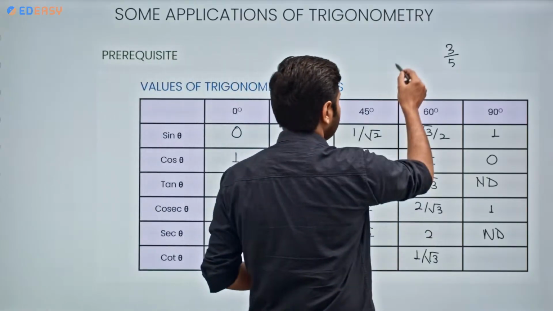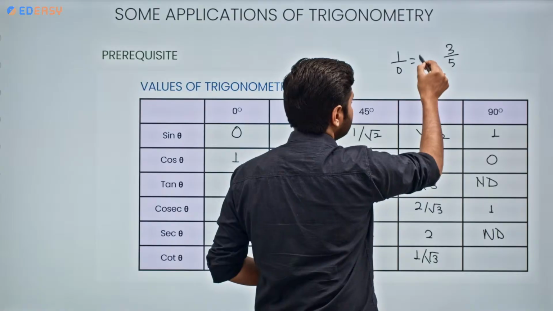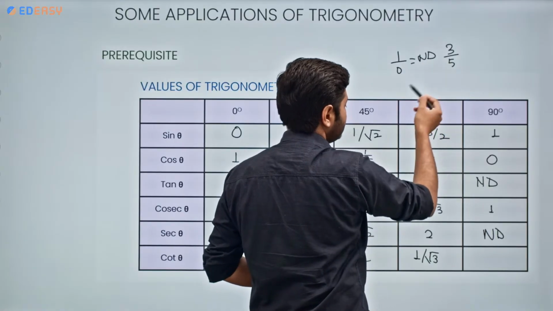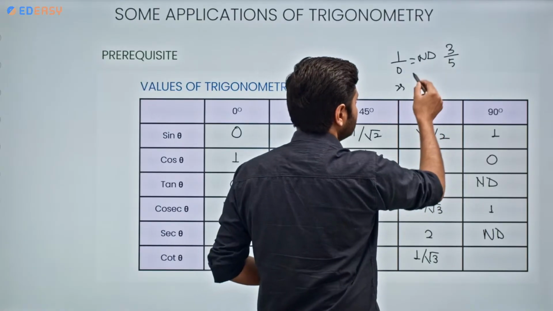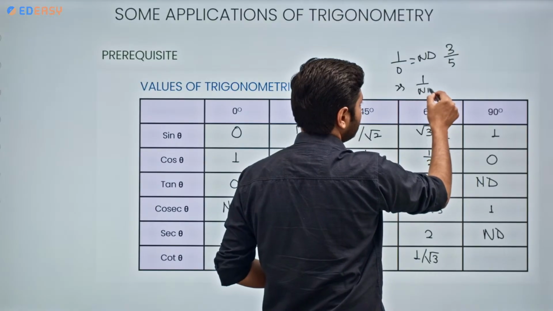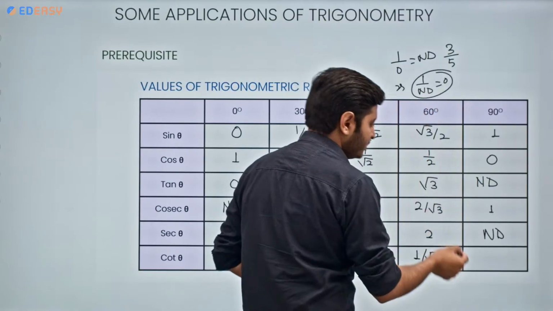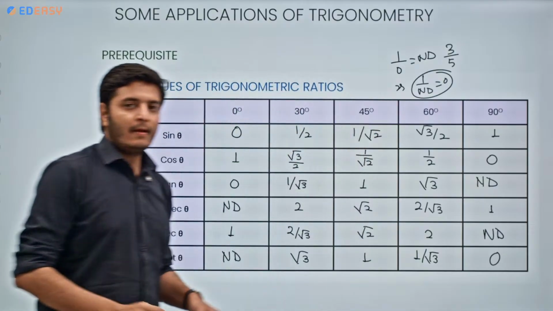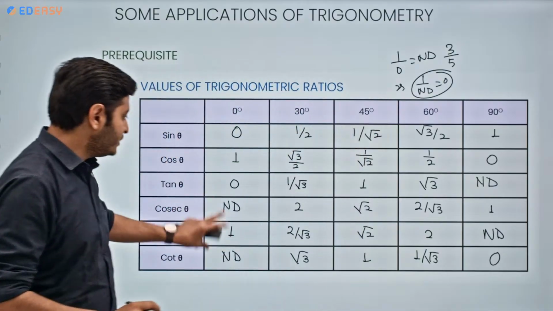So this you can find using this. 1 divided by 0 is not defined, so just transpose the values. So it is gonna give us 1 by not defined equals to 0. So this is 0.